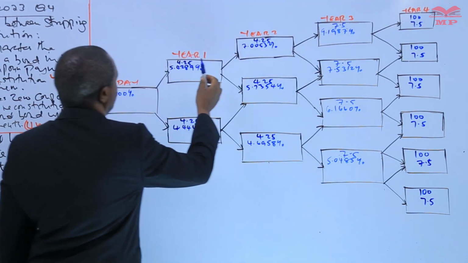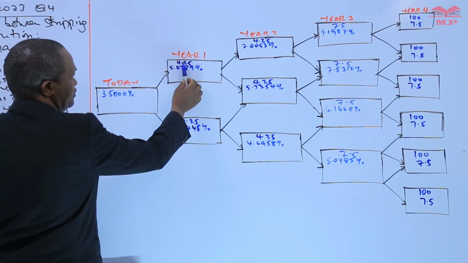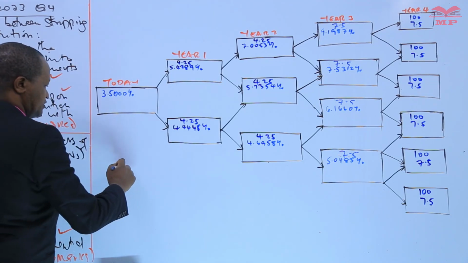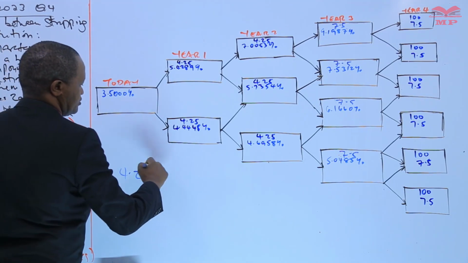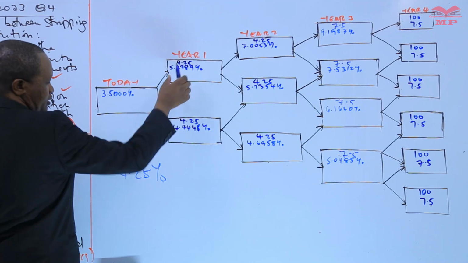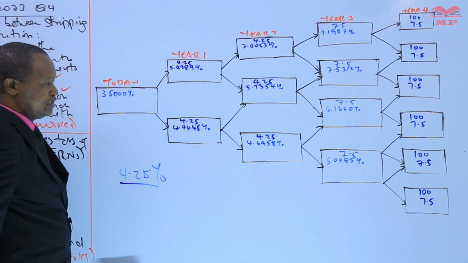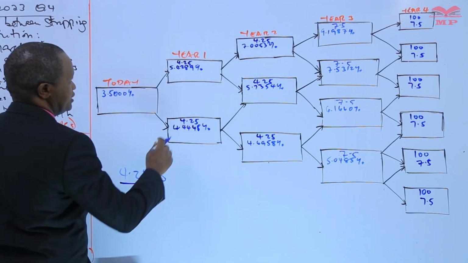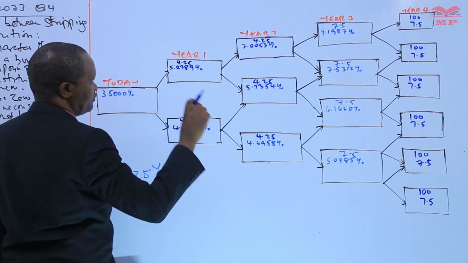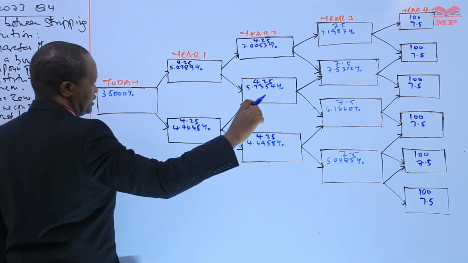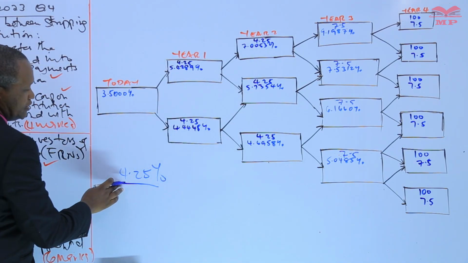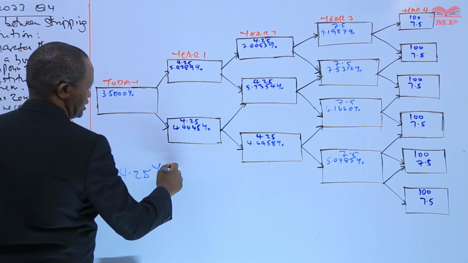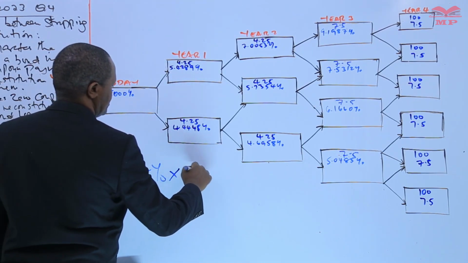So we have year 1, 4.25%. But within the binomial tree, it's not shown as a percentage. It's given in form of value. It's 4.25 shillings. The coupon, the par value, candidates, the par value is 100 shillings.